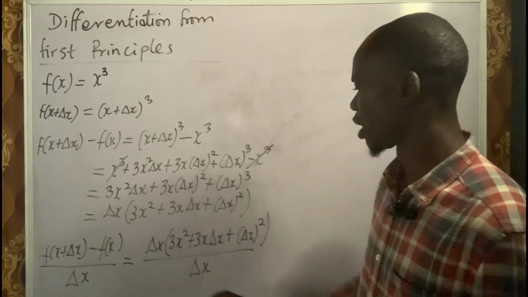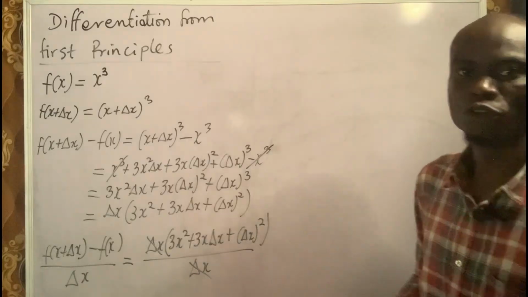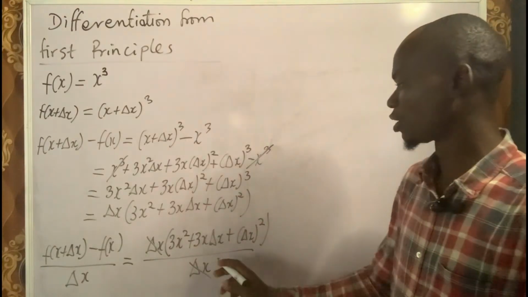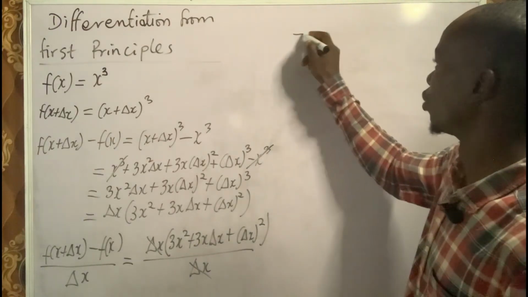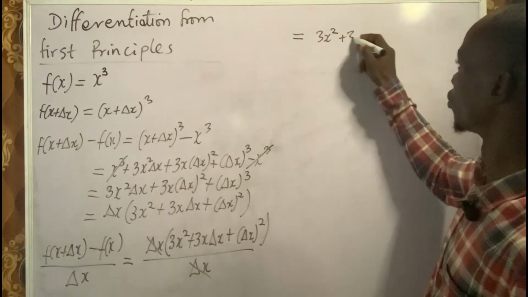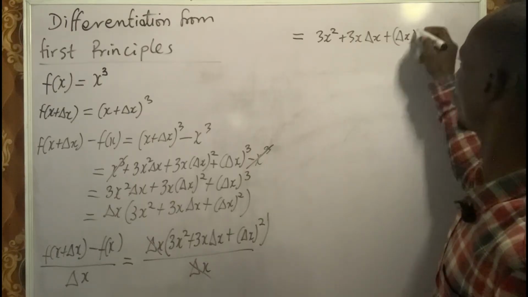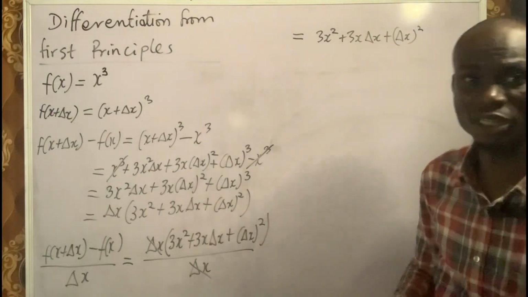So now the free Δx can go. Then we'll move to the next step, which is to, okay, let's write out what is left. What is left now is 3x² + 3xΔx + (Δx)². So that's what is left.